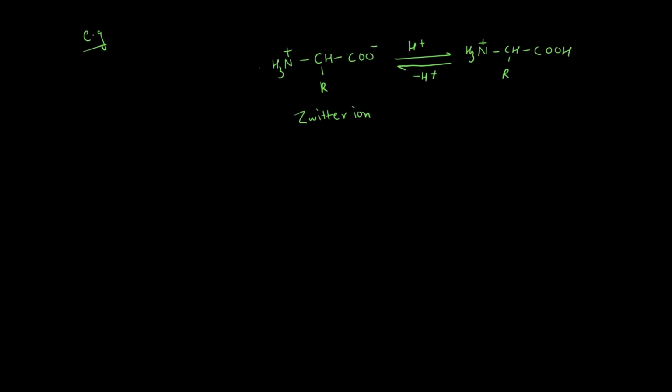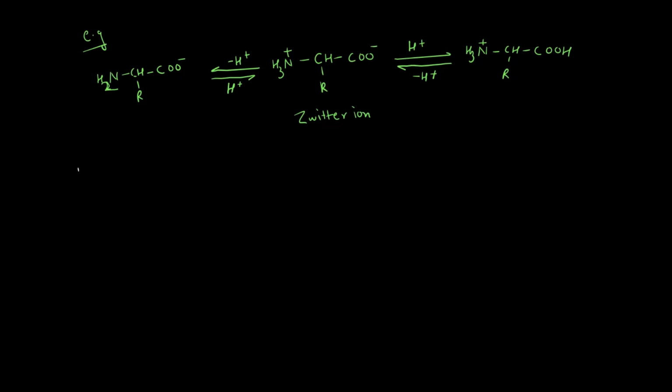Now this zwitterion can lose a proton from this NH3 plus and it can form NH2, CHR, COO negative. Now this species can accept a proton and we can again get the zwitterion. So the zwitterion can accept a proton, it can lose a proton. So this is an amphiprotic species.